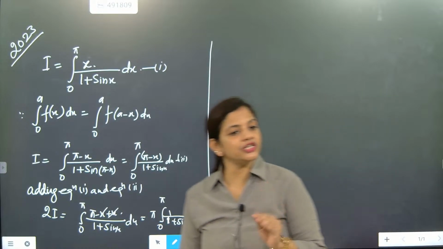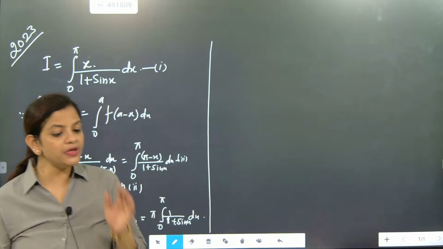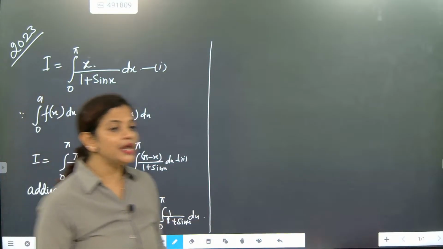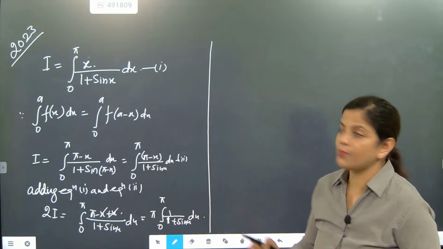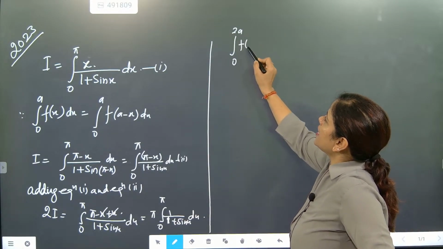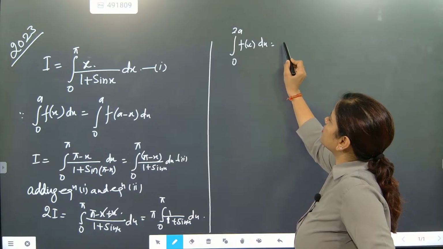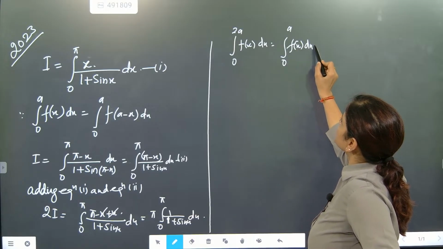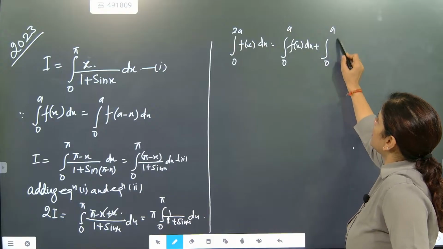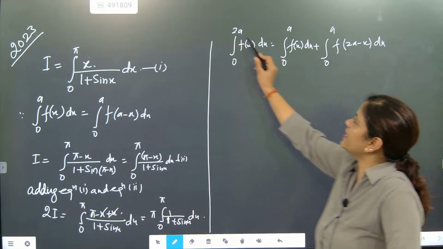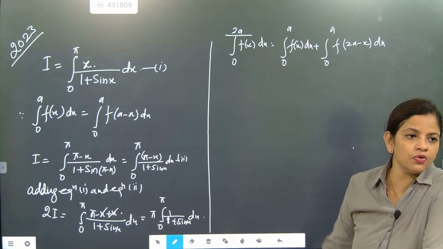In the absence of a change in the upper limit, we can't solve the question to that perfection. Understood? Now we use our property: the integral from 0 to 2a of f of x dx is equal to the integral from 0 to a of f of x dx plus the integral from 0 to a of f of 2a minus x dx.